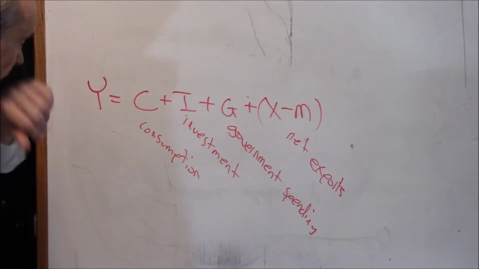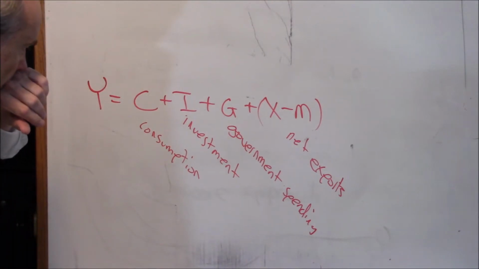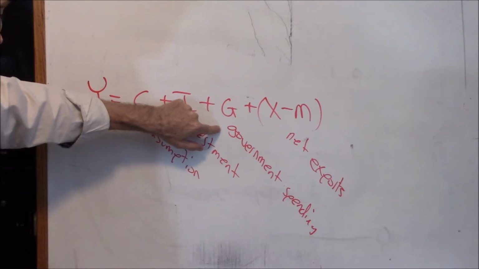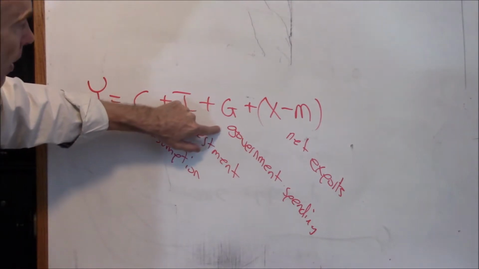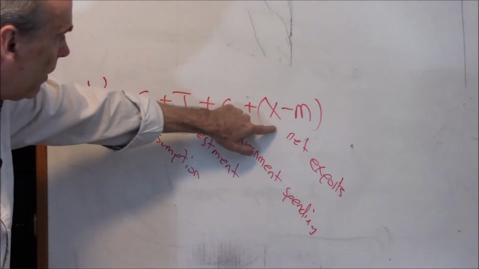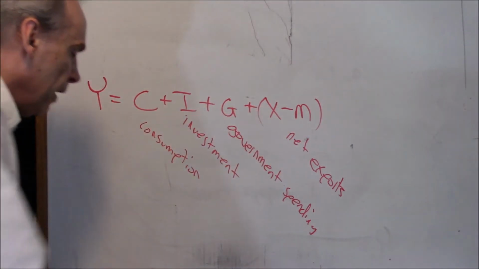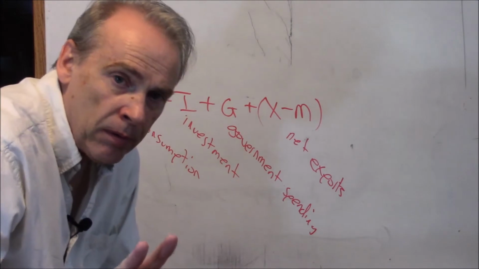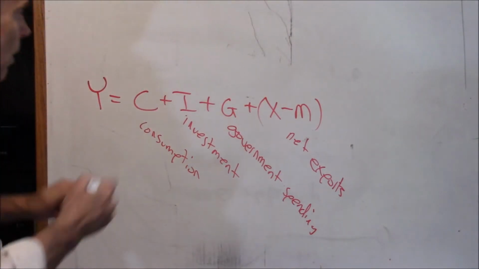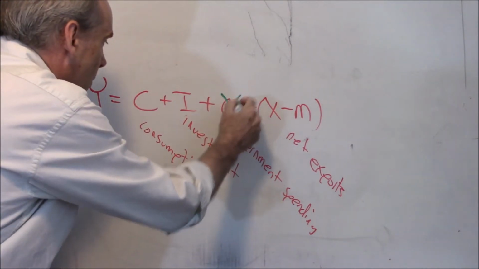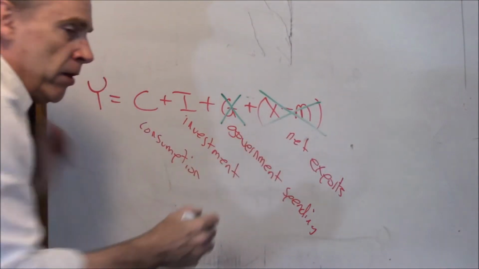Now, let's see here. This includes both the federal government, state and local, any kind of government spending. And this is, of course, what we sell to people in other countries minus what we bought from them. We're going to keep it simple with this analysis right here. We're going to get rid of the government and get rid of foreigners.